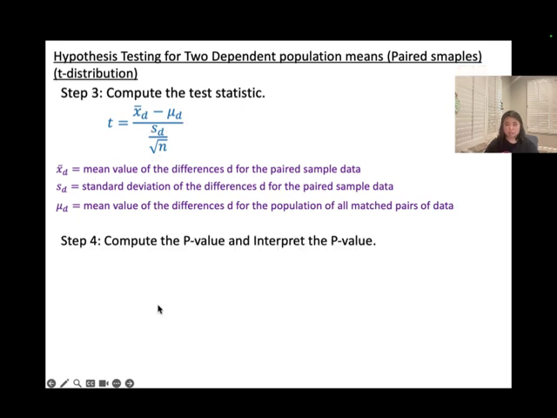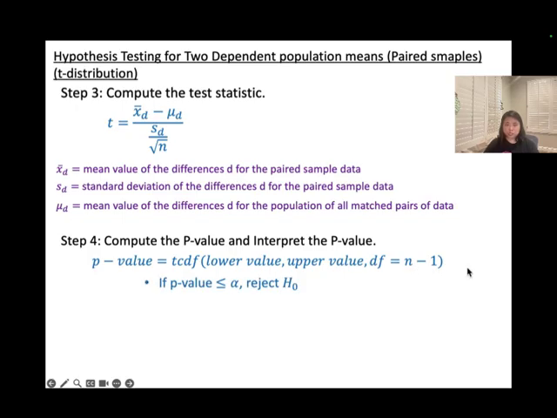Step 4, compute the p-value and interpret the p-value. We'll be using the tcdf with the lower value, upper value, and then the degrees of freedom, which is n-1. Same idea: if the p-value is less than or equal to the significance level, that will be reject. Greater than, that will be fail to reject. And then at the end, draw your conclusion.